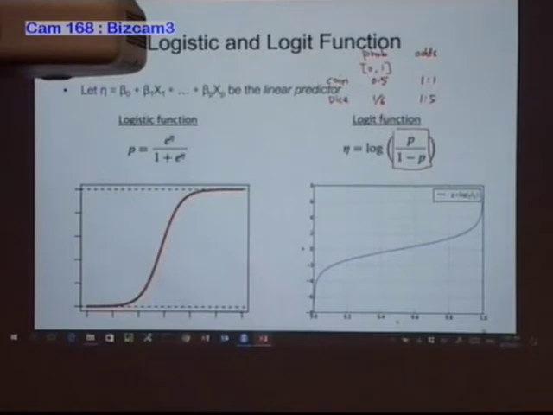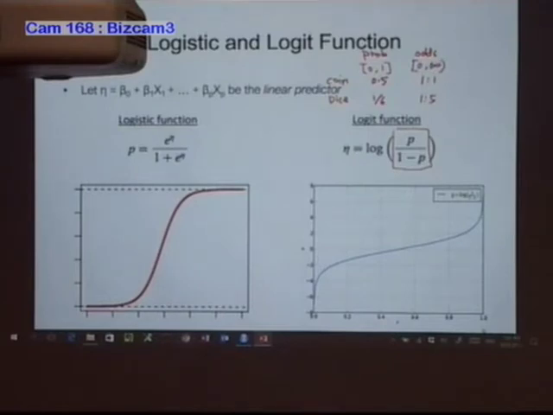But the whole point is not about probability and the odds. There's a 1-to-1 correspondence. They carry the same amount of information. But the point is, think about the range of the odds. What's the range of the odds? It can be 0. It can go all the way to infinity.